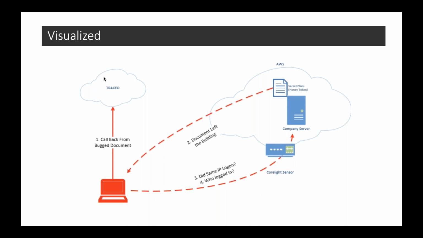For the sake of this, we're going to start, number one, with a callback received from our bugged document that was staged on our company server. It tells us a couple things. First, we have somebody messing with one of our honey tokens. Two, based on that callback source IP address, we can tell that it's from a network range outside of our AWS environment.